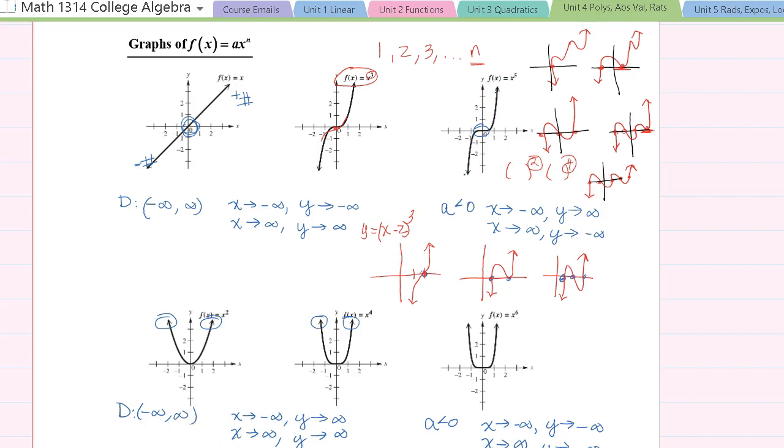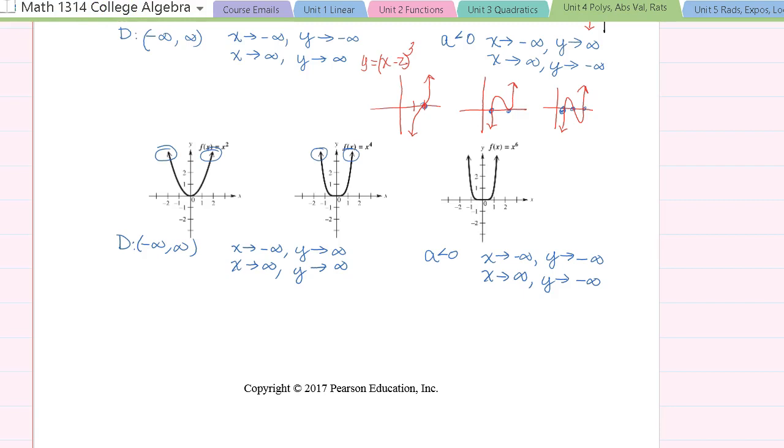Now let's look at more complicated even polynomials. For the quadratic function, we see that it can never touch the x-axis, or maybe just touch the x-axis, or it may have two x-intercepts. So we see that even functions can have 0 zeros, such as x squared plus 4, or 1 zero, such as the quantity of x minus 4 squared, or 2 zeros, as in x squared minus 4.